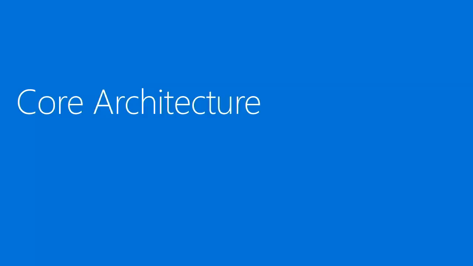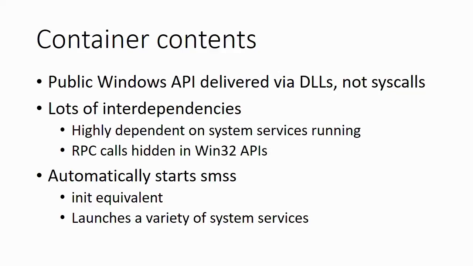So now that we've covered the nice high-level stuff, let's go even deeper and talk about the changes to the kernel. And this is where I'm really going to dig into a lot of the places where Windows containers and Linux containers start diverging significantly.